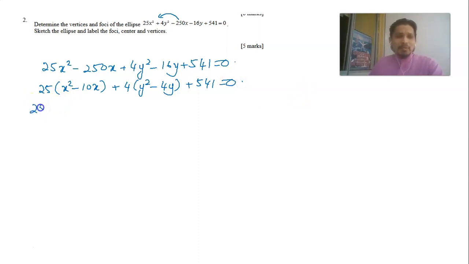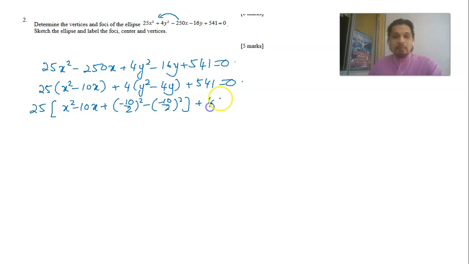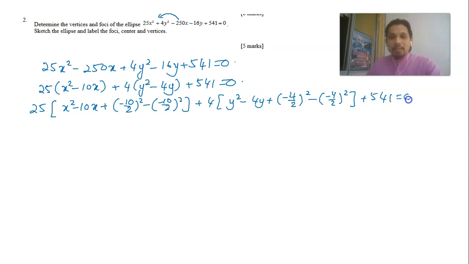Okay, so 25x squared minus 10x plus (negative 10 over 2) squared minus (negative 10 over 2) squared, plus 4y squared minus 4y plus (negative 4 divided by 2) squared minus (negative 4 divided by 2) squared, plus 541 equal to 0.